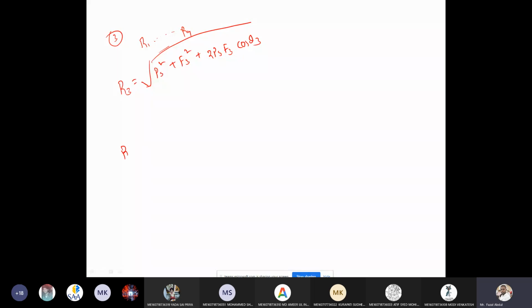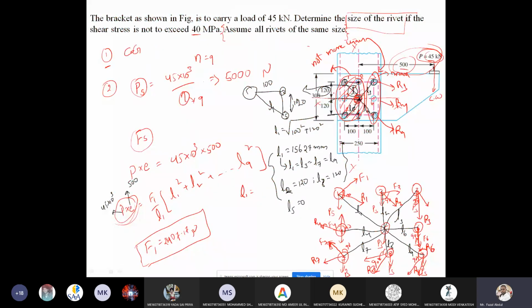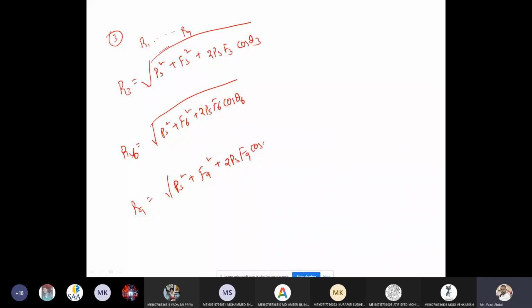Now R6 equals the square root of PS square plus F6 square plus 2 PS F6 cos theta 6. Now R9 equals the square root of PS square plus F9 square plus 2 PS F9 cos theta 9.